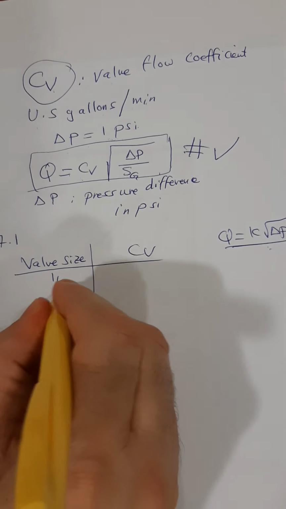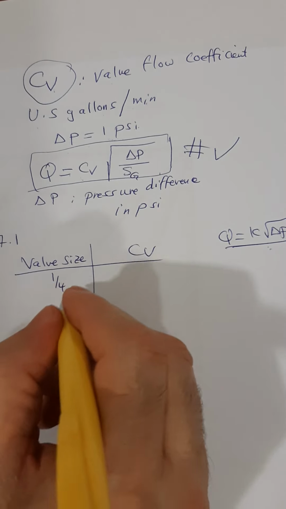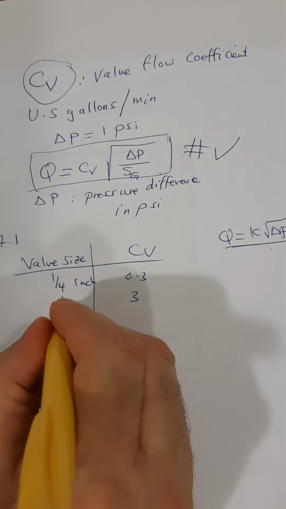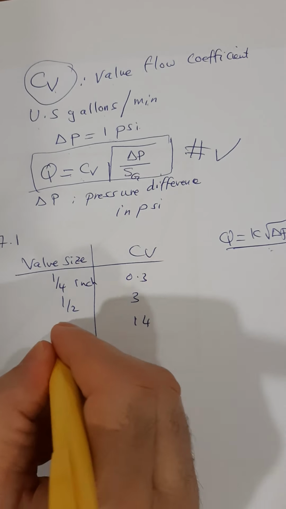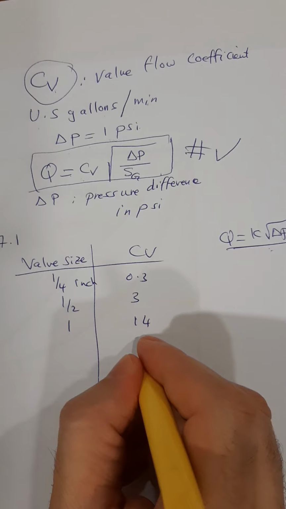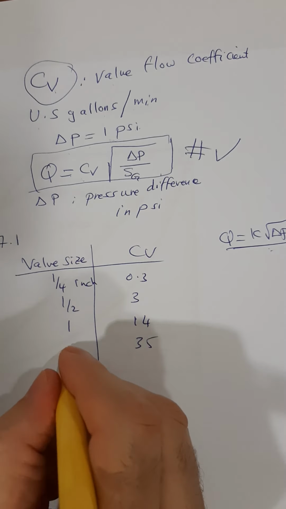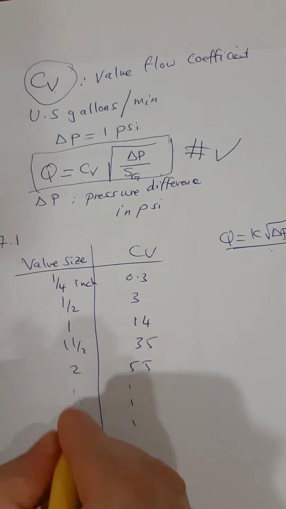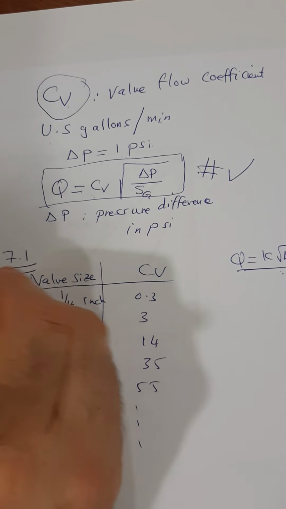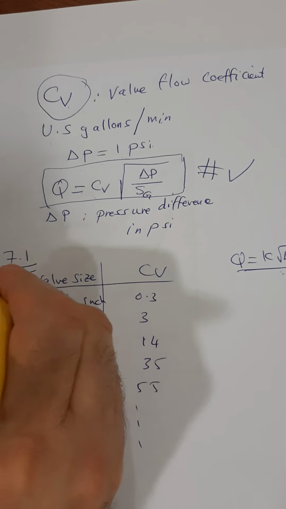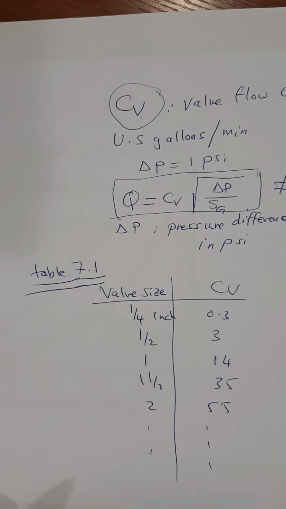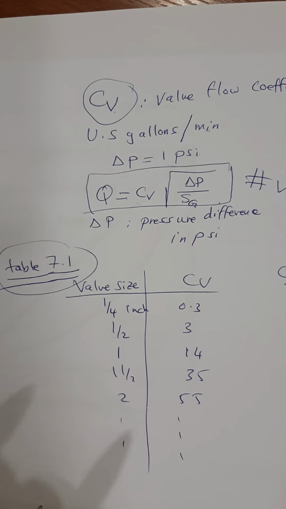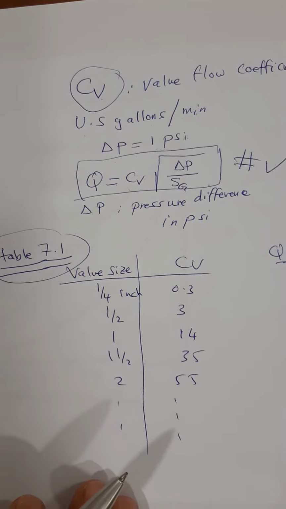For example, 1 for quarter inch, 0.3, here 3 is half inch, 14 is 1 inch, 35 is 1 1/2 inch, and 55 is 2 inch, and so on. This is table 7.1, and it is a very important table, usually used to determine the correct size of the valve.